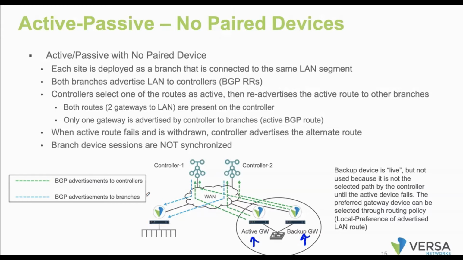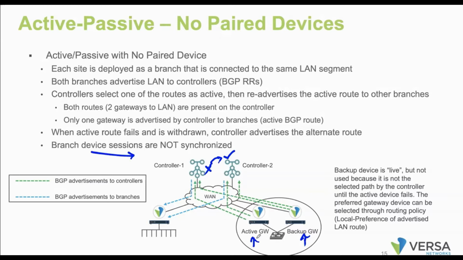Okay, right. So the moment the active device goes down, what will happen? So the BGP route selection process will make sure that route is down, and the next possible route will go to the active state. So immediately that next route, the active route, will be updated to the other branches. Okay. Right. So coming to this, branches do not synchronize the sessions.